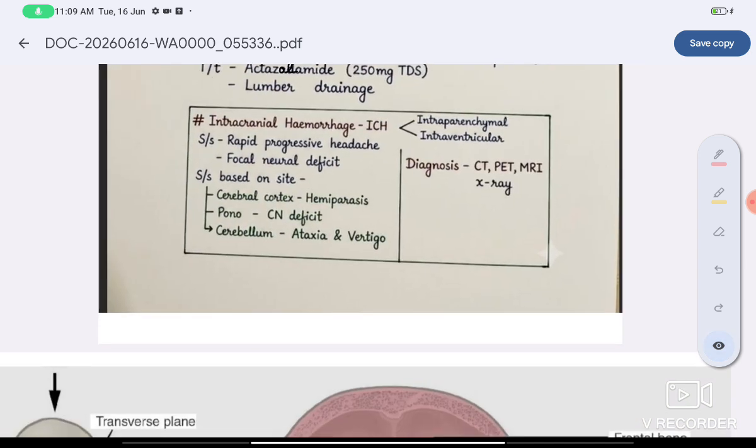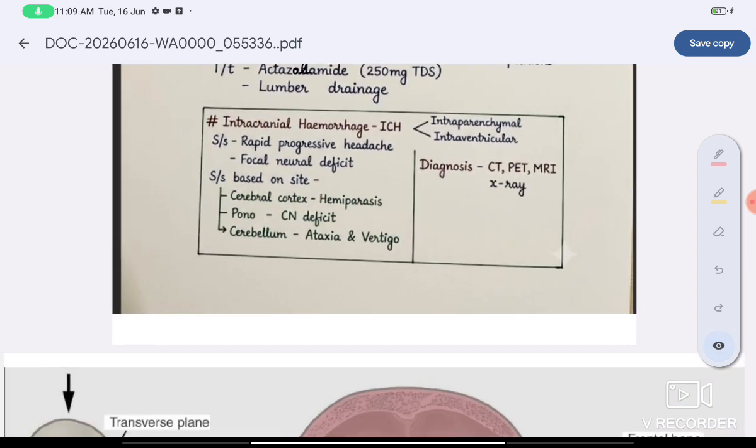Now moving to intracranial hemorrhage. Intracranial hemorrhage is again occurring inside the cranial cavity, and it may be intraparenchymal or intraventricular. It is characterized by rapid progressive headache, neural deficit, and site-specific signs and symptoms.